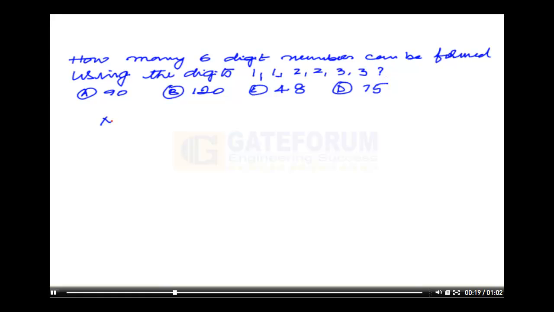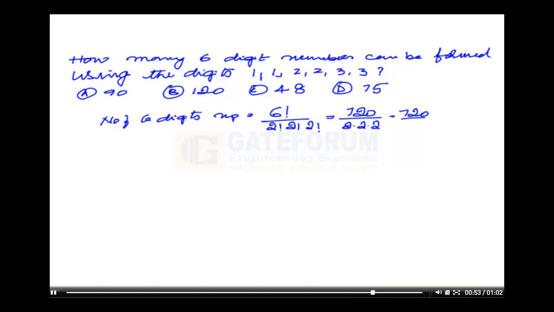So the number of 6 digit numbers, if there is no repetition, is 6 factorial if all the digits are different, but each digit repeats twice, therefore divided by 2 factorial, 2 factorial, 2 factorial. 720 is the value of 6 factorial, divided by 2, 2, 2. So 720 by 8, simplifying you get 90.